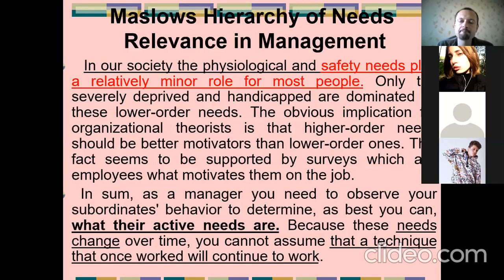What do you think? How is it possible for you as a manager to provide some reward with the help of satisfying social needs for your subordinates? What do you think?